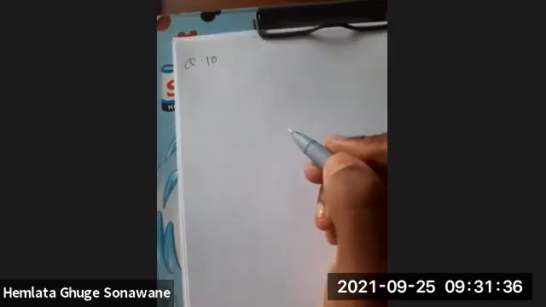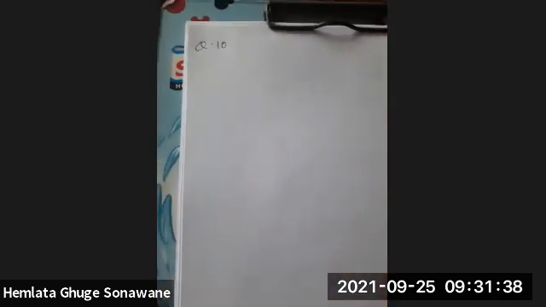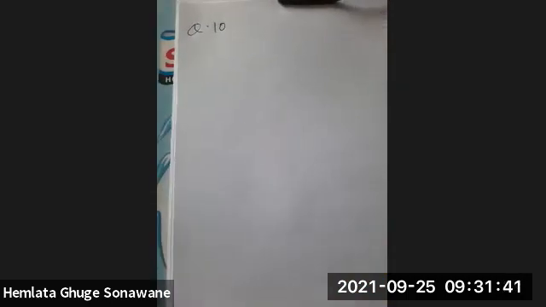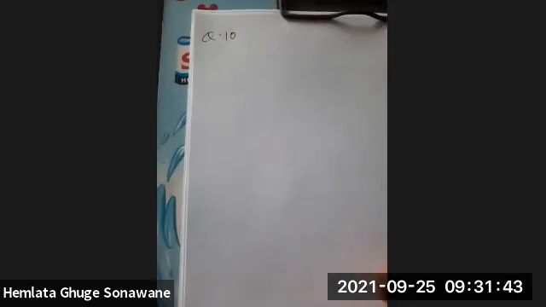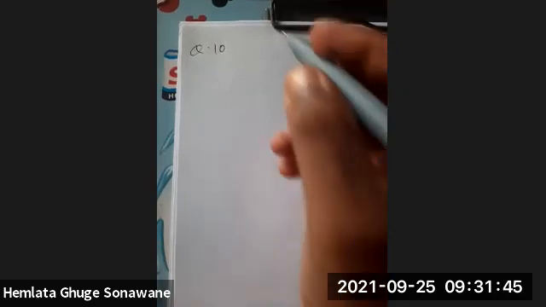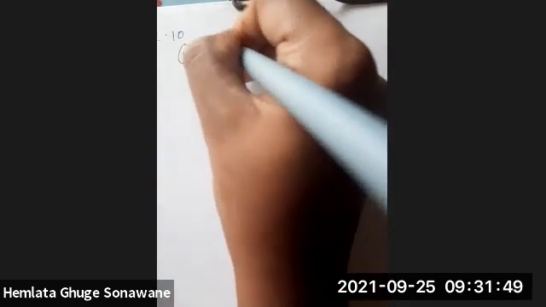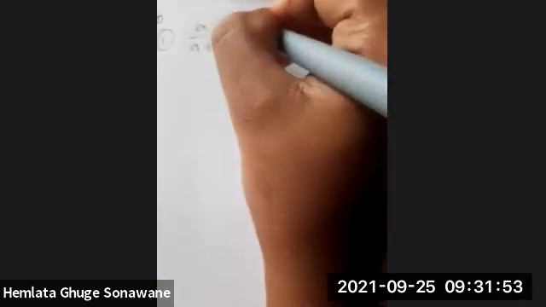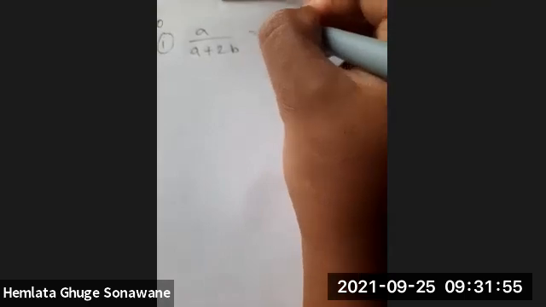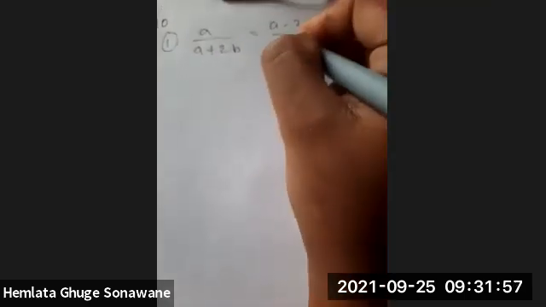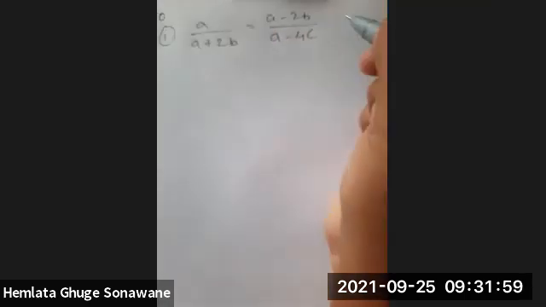If A, B, C are in continuous proportion, then prove the given expression. The first one is A upon A plus 2B is equal to A minus 2B upon A minus 4C.